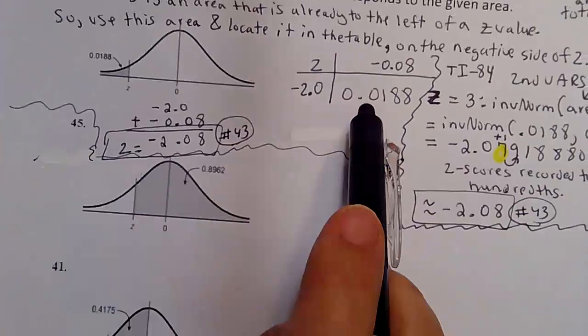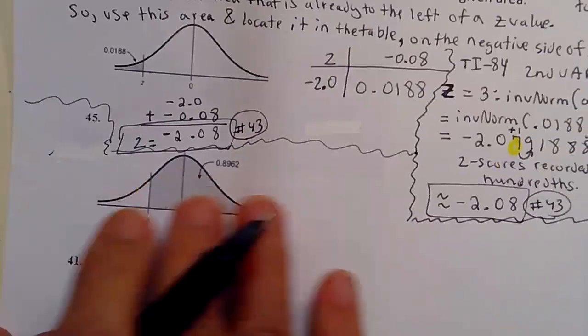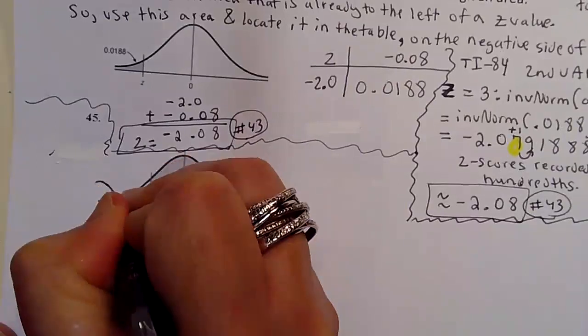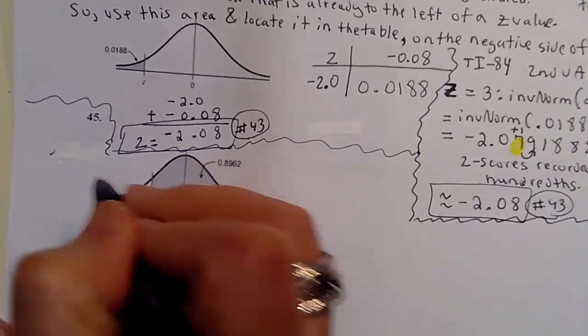Now remember the whole area underneath the curve is 1. So what we're going to do to find this value is use the complement and subtract.